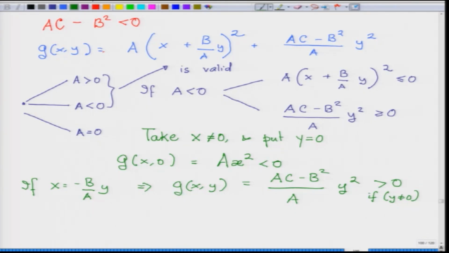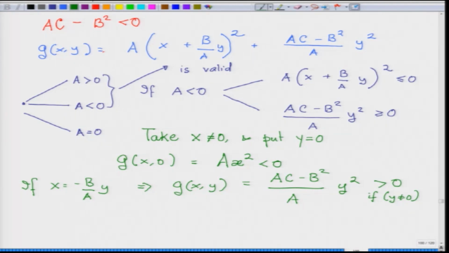Because we are taking points around 0 0, we are not taking y to be 0, because y is 0 only at the 0 0 point. In a small neighborhood, if we take a point very near 0 0, keeping y positive or y negative but not 0, then this is what we will get.